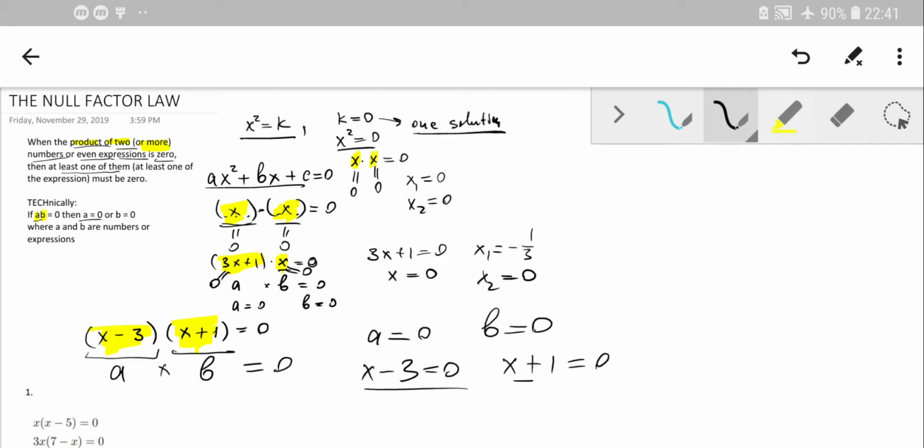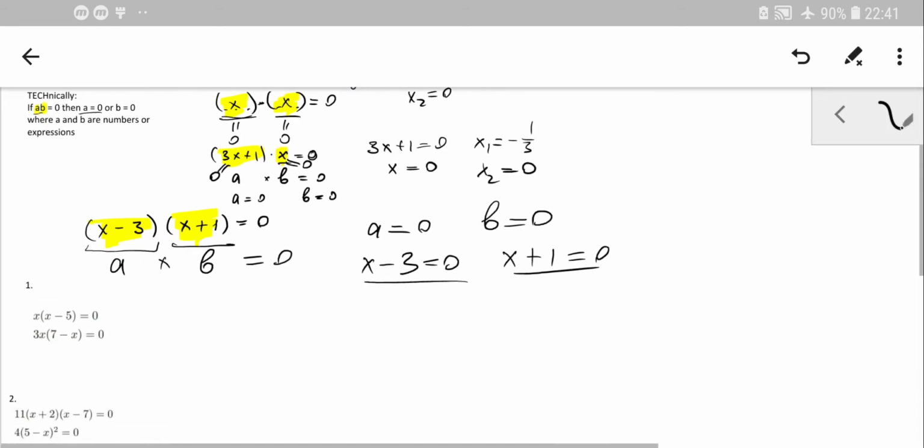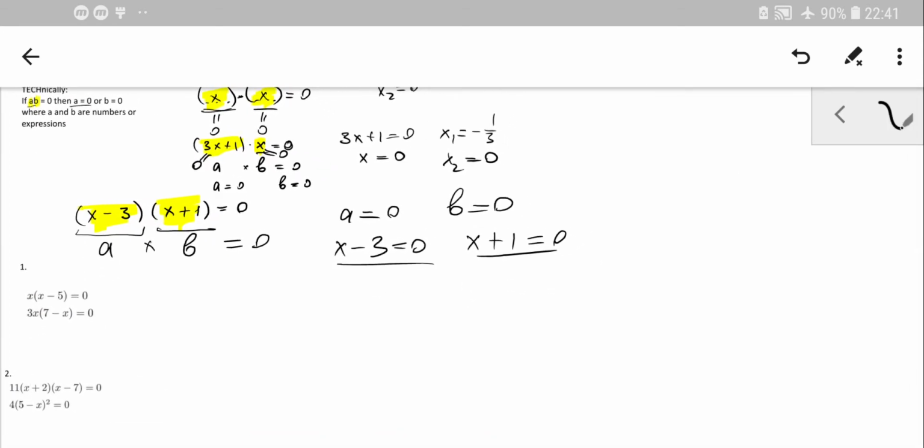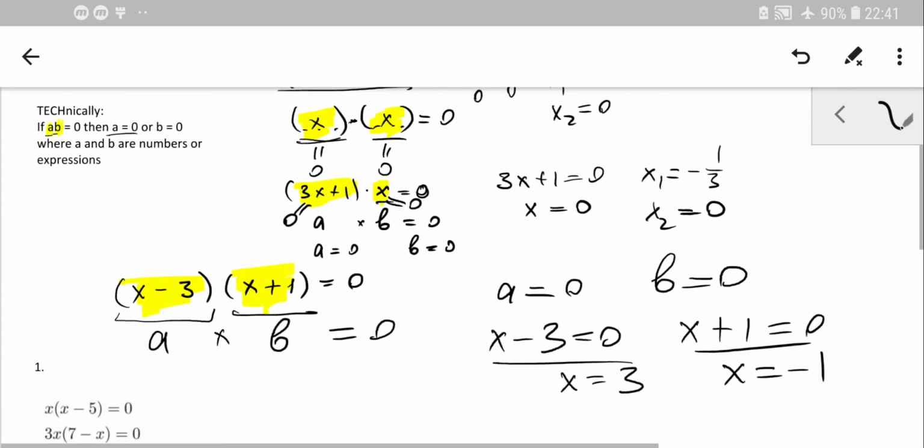Just remember the approach used for linear equations. So we get x equals 3 from the first one and x equals -1. Keep in mind that if you have 2 factors and each contains a linear expression, you might have 2 solutions, and you should have 2 solutions in this case.